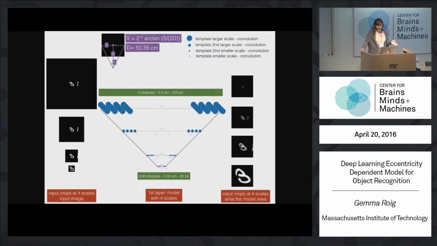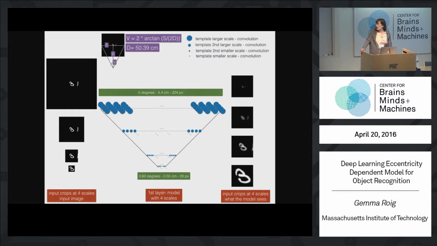A particularity of this model is that the number of units at each of these scales is the same. This is because we aim at having invariant representations, specifically in scale and in certain positions, and having the same amount of units at different scales will allow us to have scale invariance.